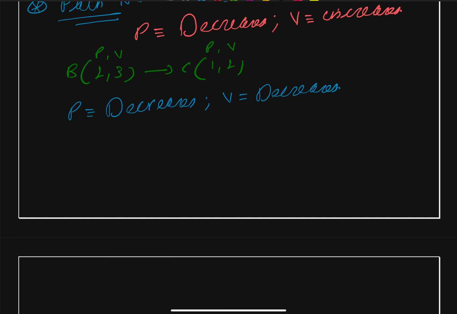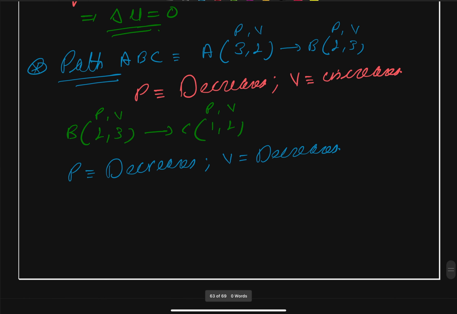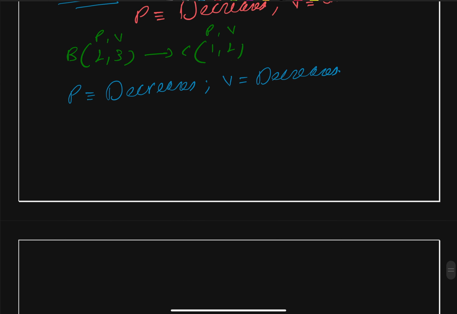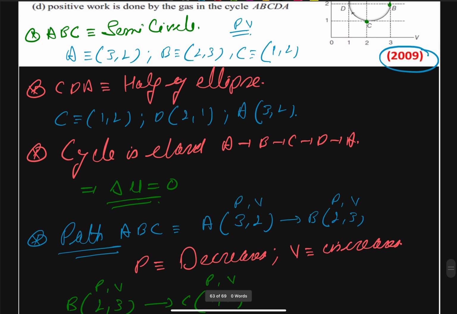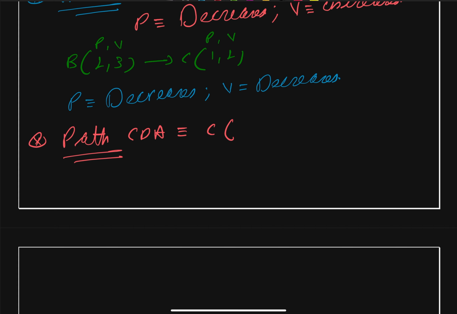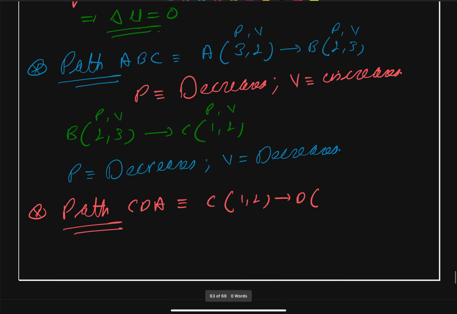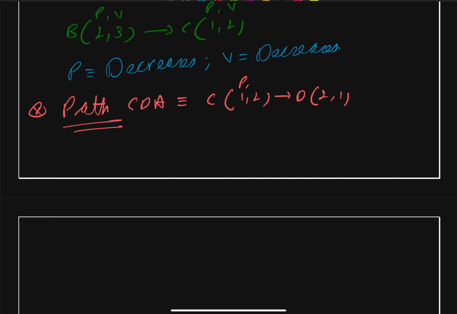Now we come to our path CDA. It starts from C, whose coordinates are 1, 2, and goes to D, whose coordinates are 2, 1. Pressure, volume.